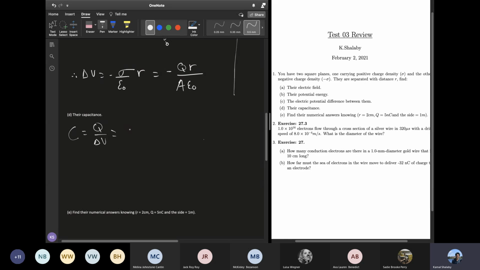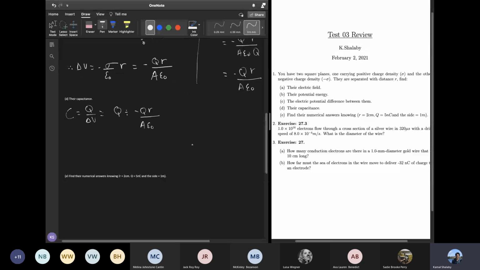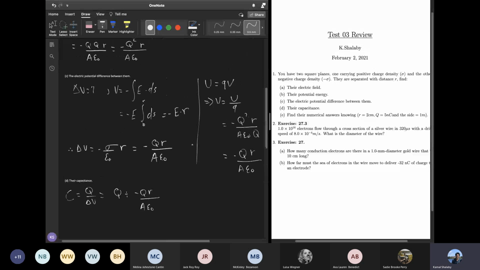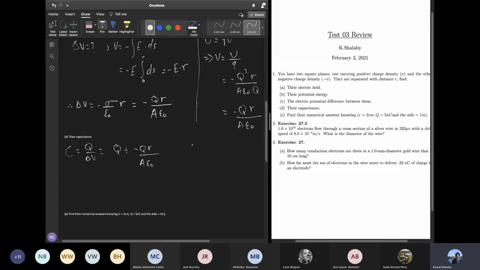So we have Q divided by negative QR over A epsilon naught, and I'm trying to believe that this negative is external.